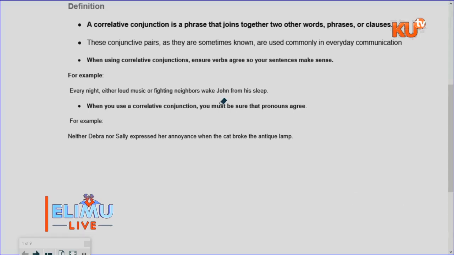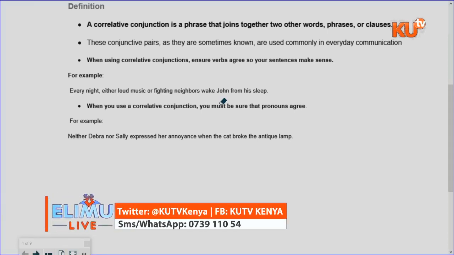Every night, loud music wakes up John. Every night, fighting neighbors wake up John from his sleep. To join them together, we are using a correlative conjunction, which is either-or.